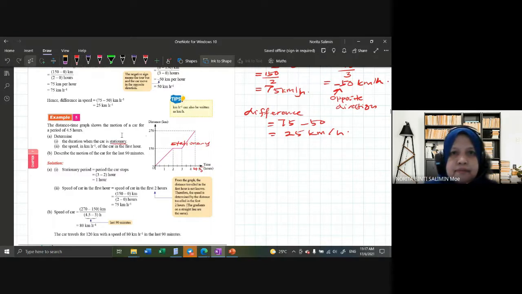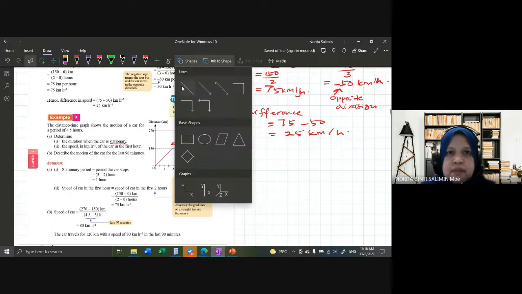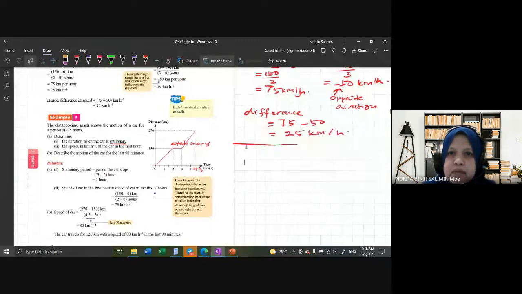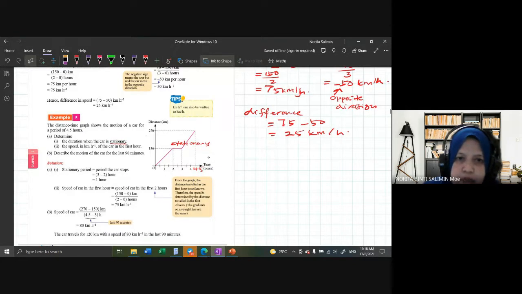How long does it stop? Look at the time below. Stationary means from the second hour to the third hour.